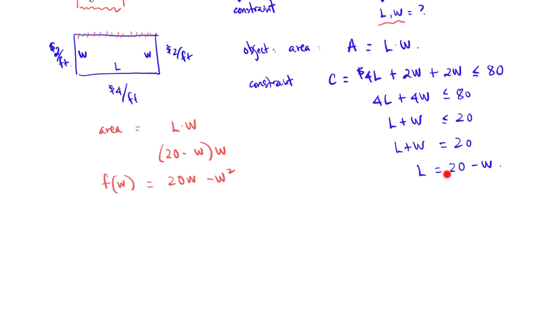W cannot be more than 20 because if W is more than 20, then the length is negative, which is impossible. We then take the derivative with respect to W.